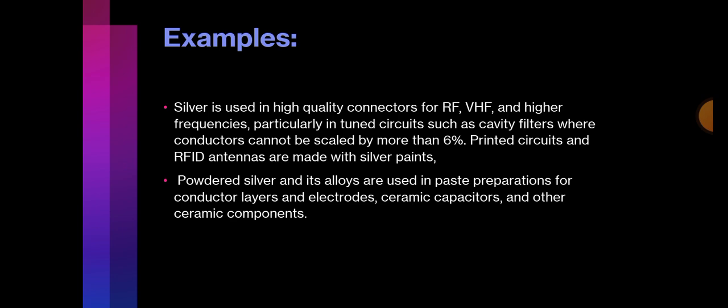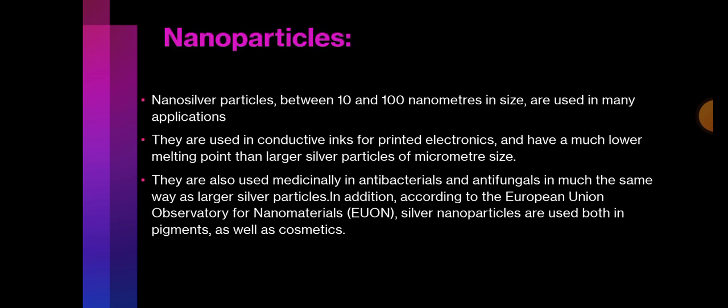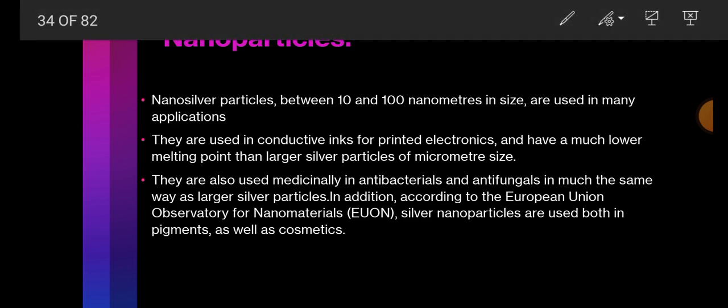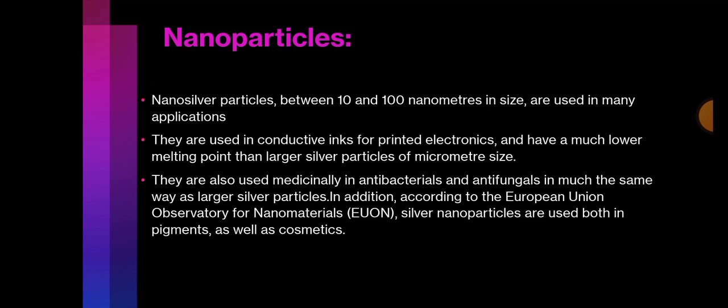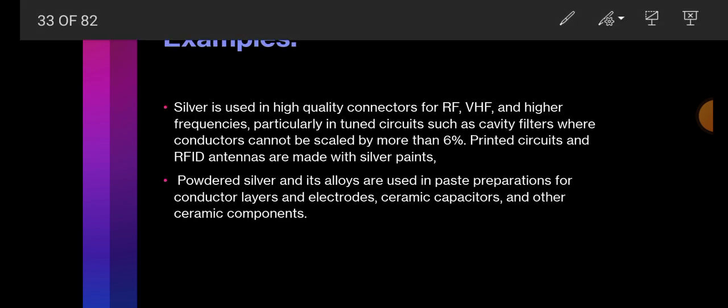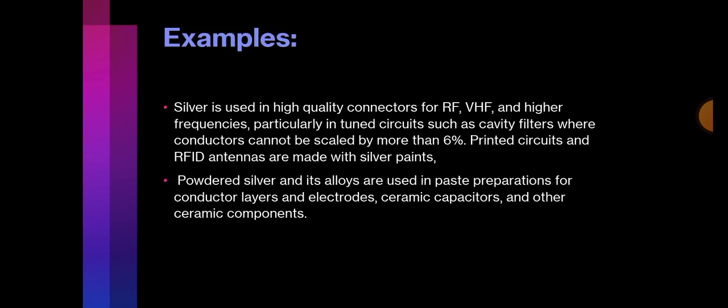For example, silver is used in high quality connectors for RF, VHF, and higher frequencies, particularly in tuned circuits such as cavity filters, where conductors cannot be scaled by more than 6%. Printed circuits and RFID antennas are made with silver paints. Powdered silver and its alloys are used in paste preparations for conductor layers and electrodes, ceramic capacitors, and other ceramic components.